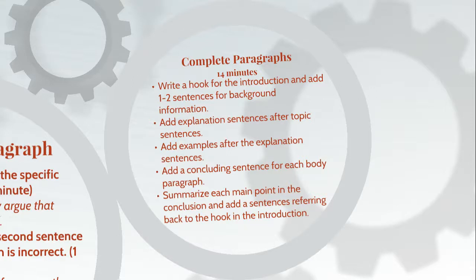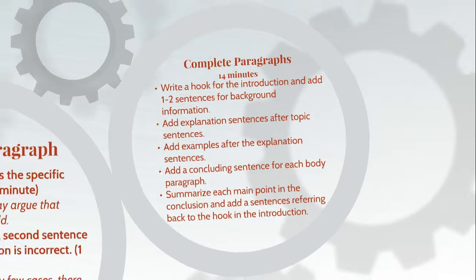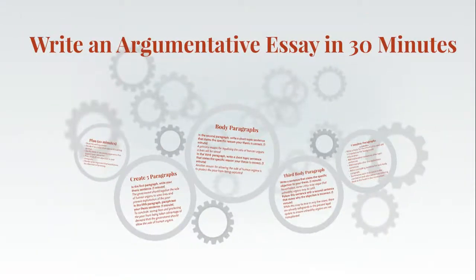If you have done this and used about 14 minutes here, you have written your essay in 30 minutes. This gives you 20 more minutes to go back, revise, and edit. So this is how to write an argumentative essay in 30 minutes.